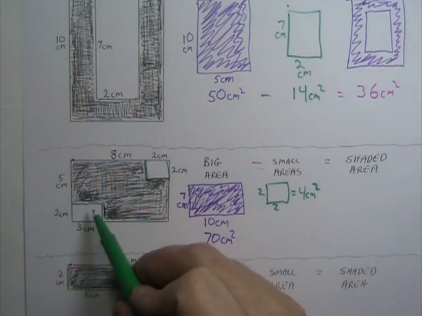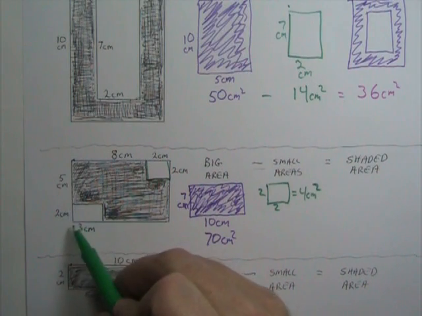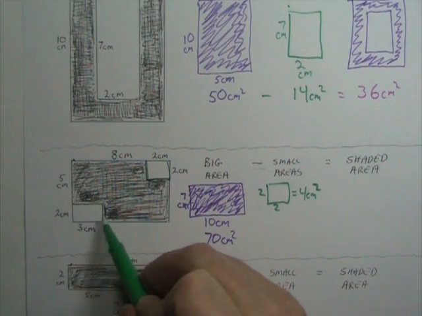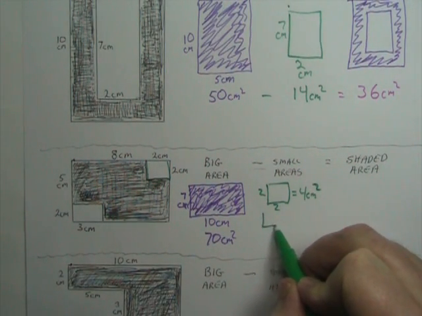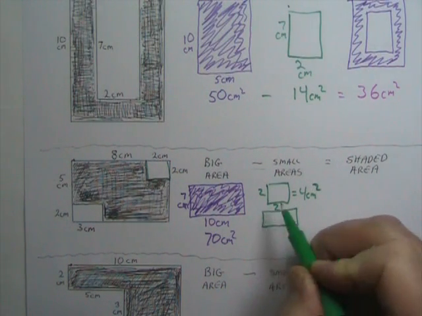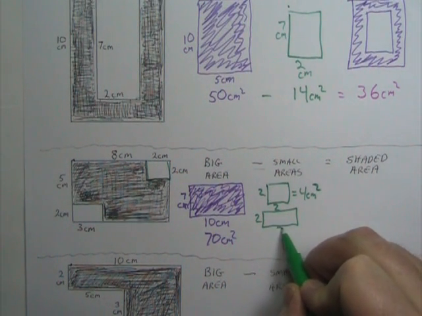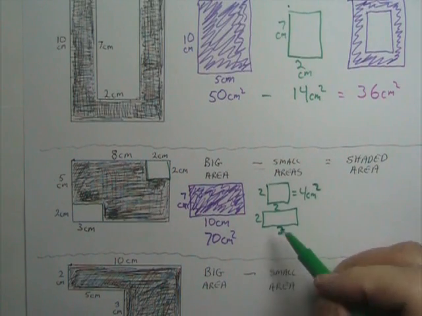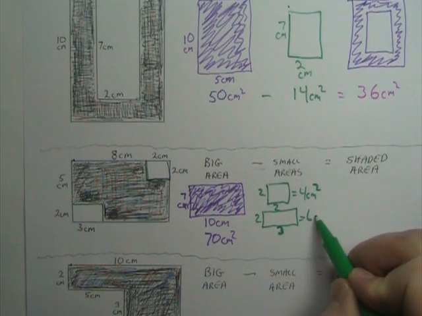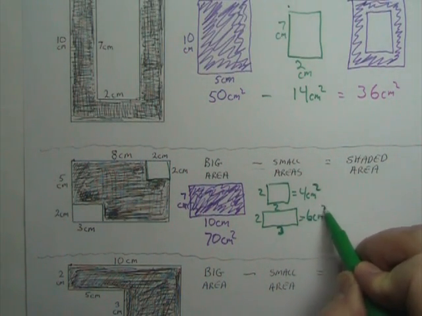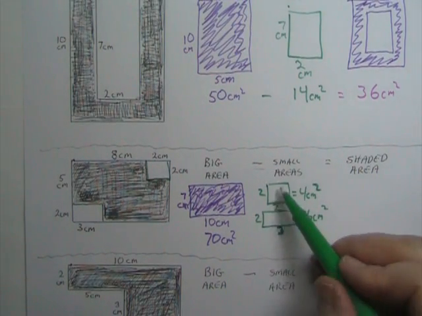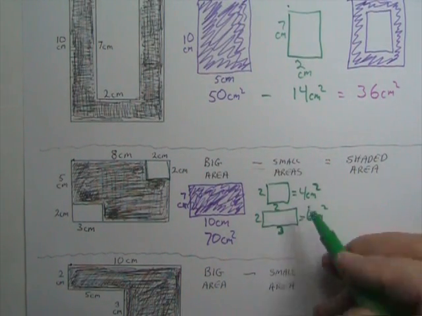And the other area, this one right here, this is 2 by 3. I'm making a little sketch here. You got this other area, and that's 2 by 3. So that would make it 6. So this is 6, and that's 4. 6 and 4 would make 10.